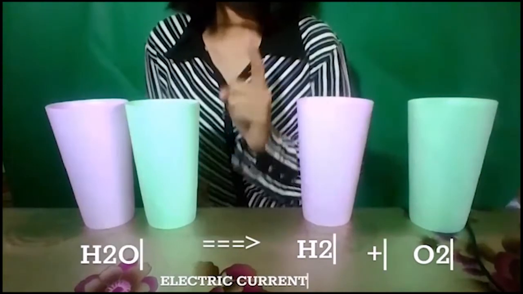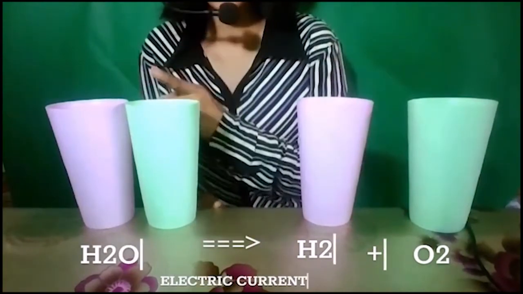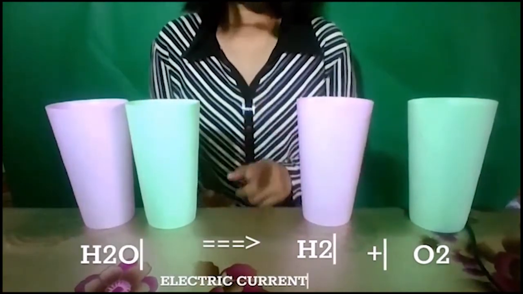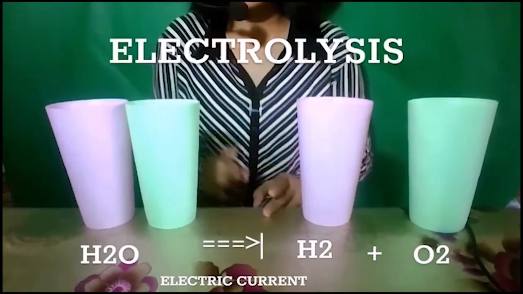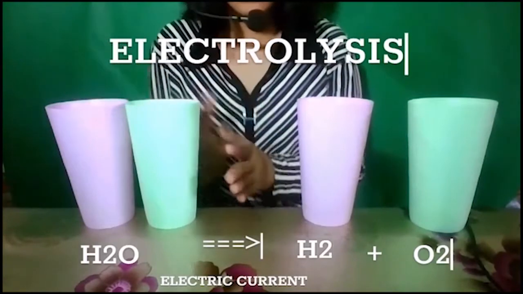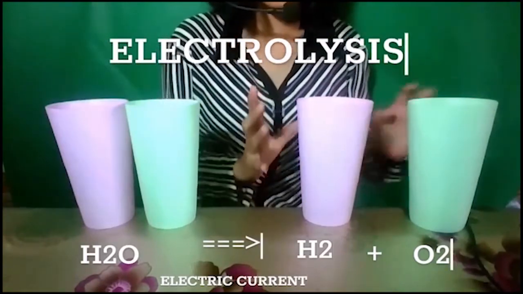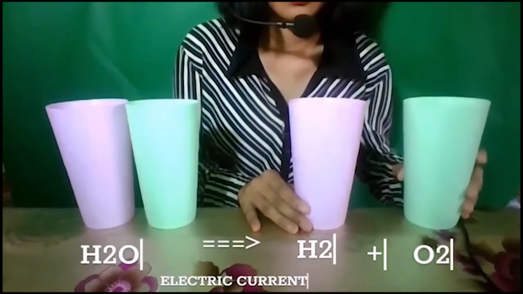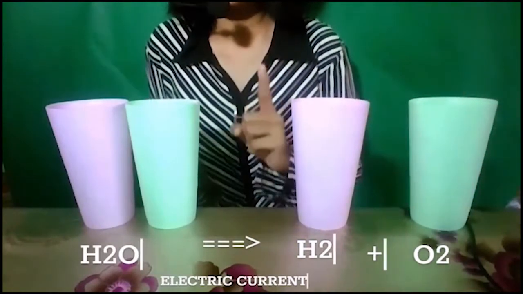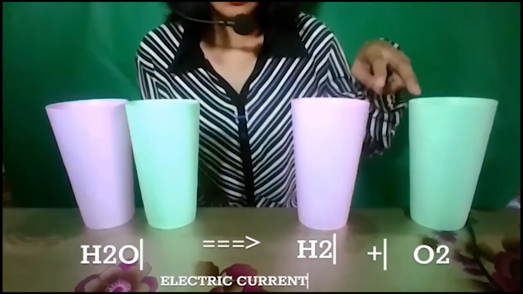This process, when H2O is being decomposed, is called electrolysis. Electrolysis is when the water goes through the electric current to break into hydrogen and oxygen. So remember, one reactant and two products.